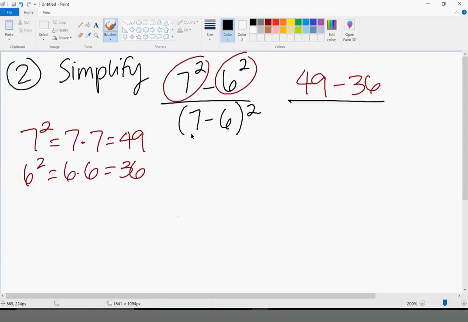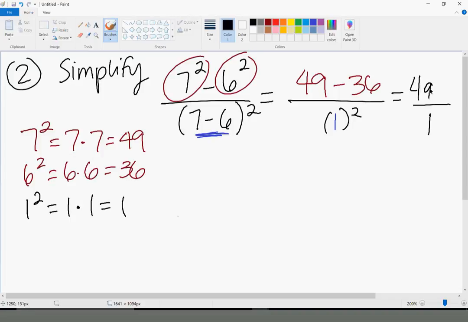Divided by, now here, 7 minus 6 is in parentheses, so we want to do this first. 7 minus 6 is 1, and then 1 squared is 1 times 1, which equals 1. So we have 1 in our denominator.